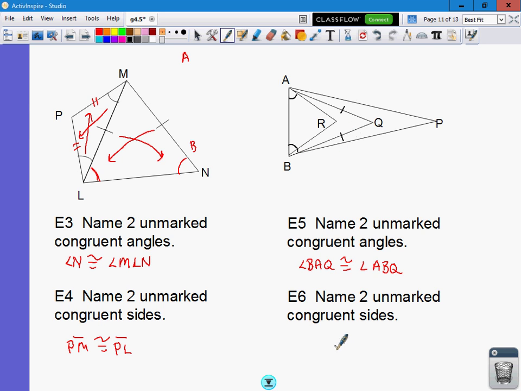Now, what's the two unmarked congruent sides?